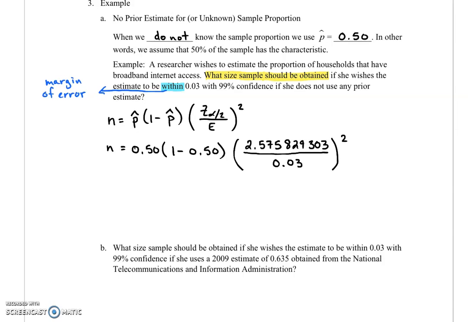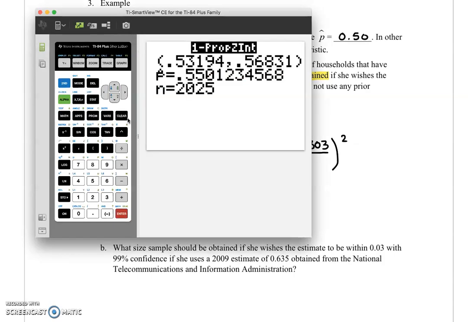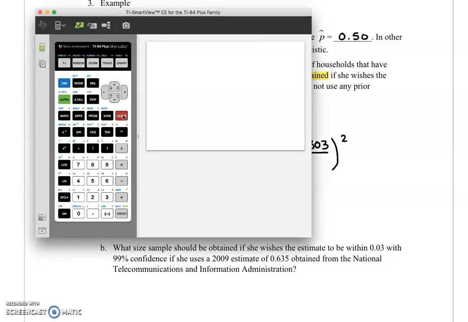So if we want to type this in the calculator, we have 0.50, open parentheses, 1 minus 0.50, close parentheses, open another parentheses, 2.575829303, divide by 0.03, close parentheses and hit the x squared button, and then hit enter.